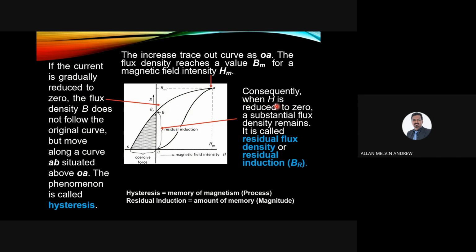Subsequently when H is reduced to zero, the substantial flux density remains. This is called residual flux density or residual induction, BR. What is residual induction? This is the amount of the memory. So it is a magnitude, while hysteresis is a process.